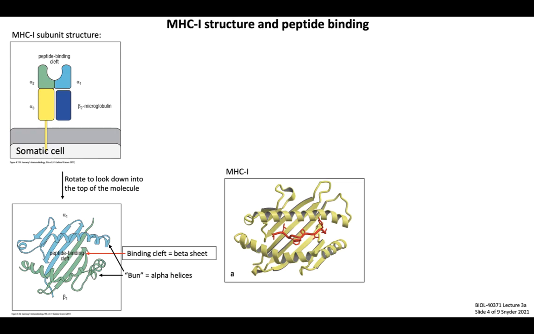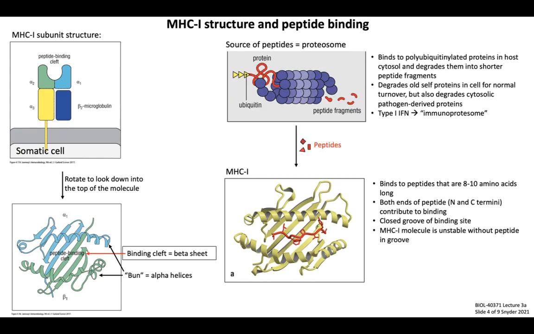And so by this point, we know that MHC1 presents cytosolic peptides, but how exactly are these peptides generated for binding? The answer is the proteasome, which is a proteolytic complex found in the cytosol of all cells. The proteasome here in purple forms kind of a tube-like structure, which binds to polyubiquitinated proteins in red found in the cytosol.